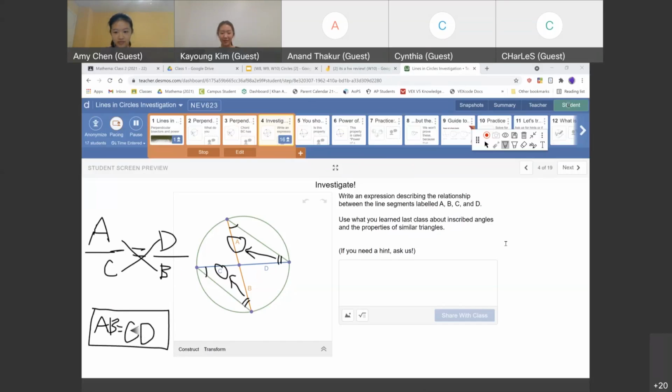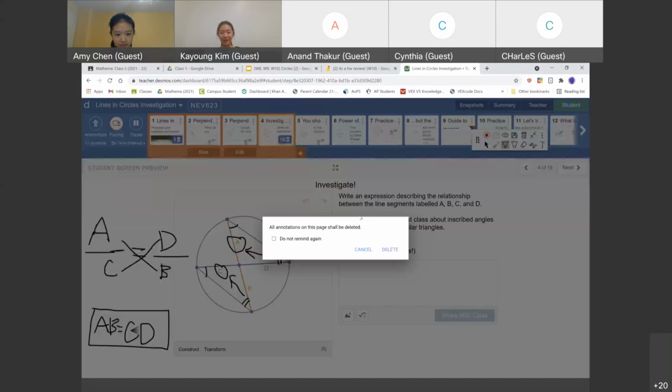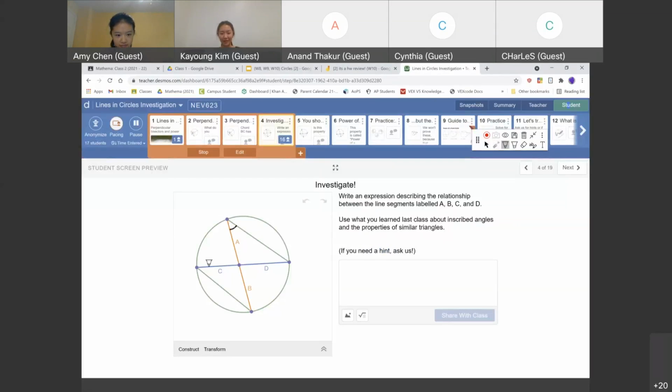Let me explain the proportion again. Or Amy, do you want to? Sure. The side colors could be confusing, but those are just aligned. The ones that are corresponding to each other, you can see using the inscribed angle.